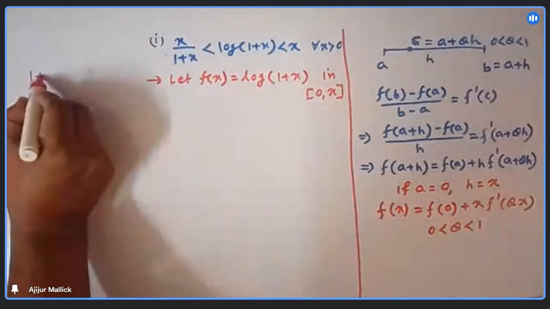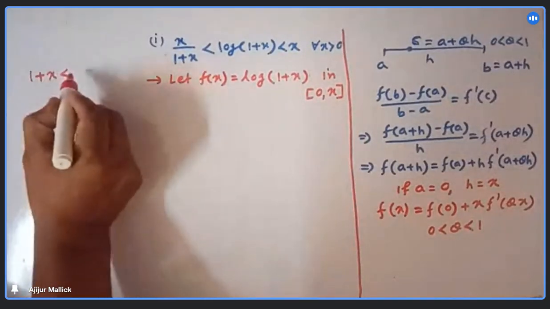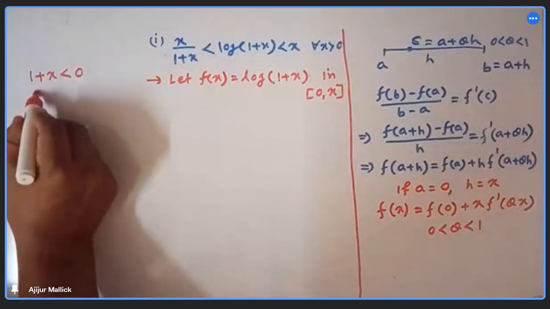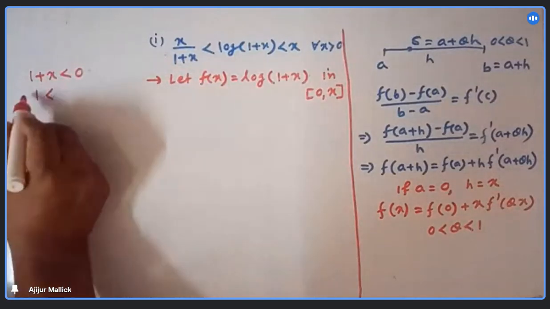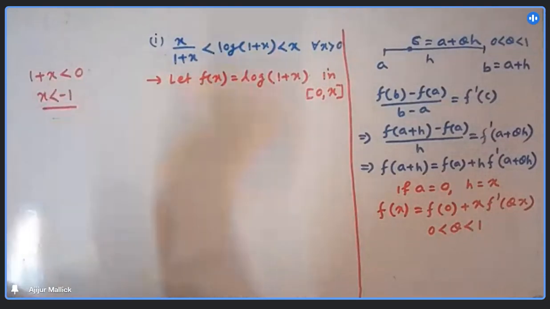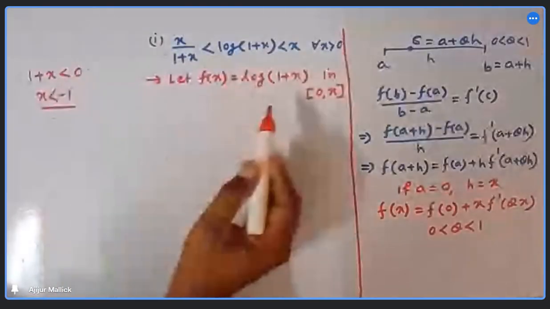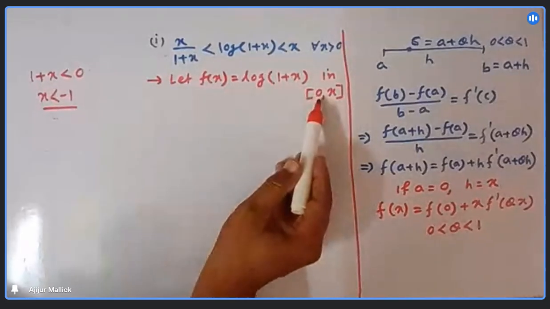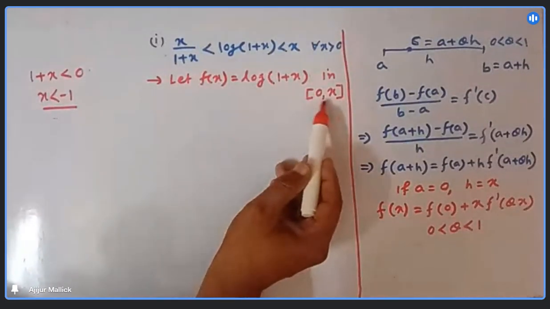It is not continuous when 1 plus x is less than 0, that is x is less than minus 1. x less than minus 1 is not possible because the interval is 0 to x.